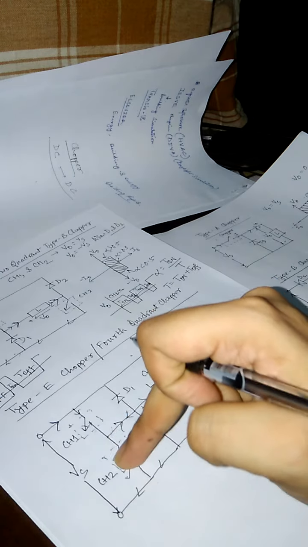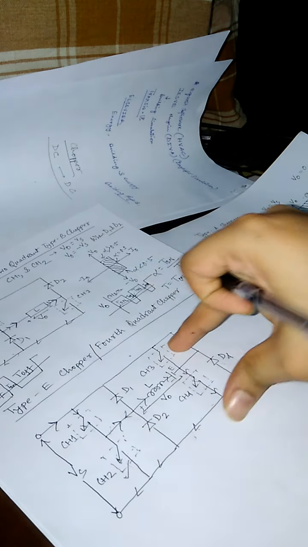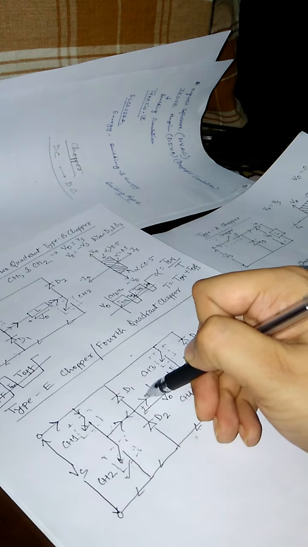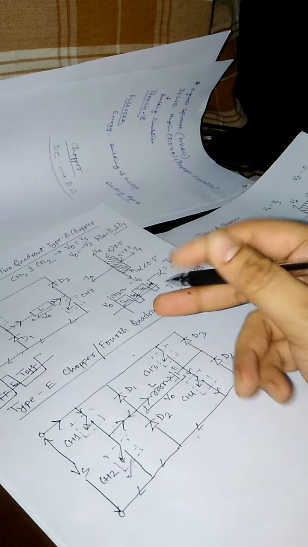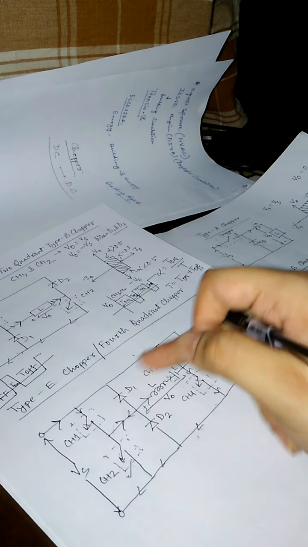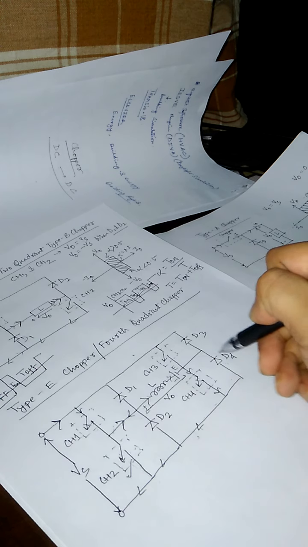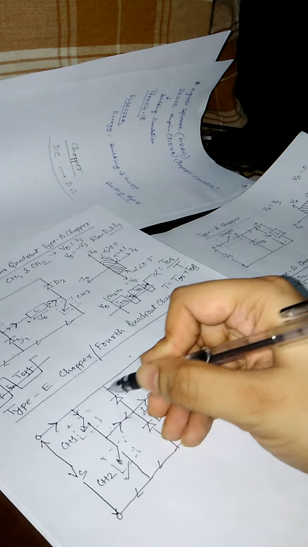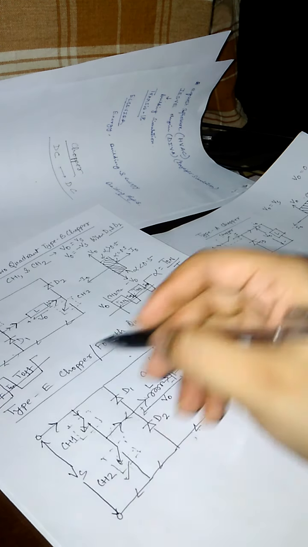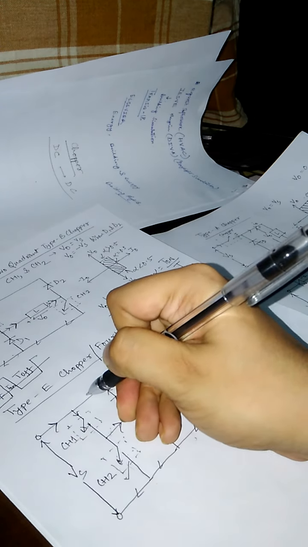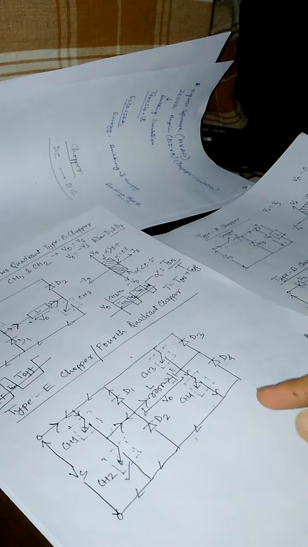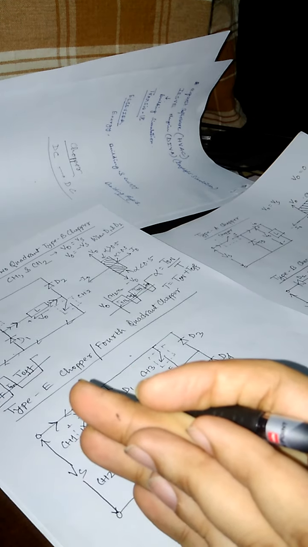The source voltage cannot feed the load. So what will happen? The energy of L is going to be dissipated. The current is going through D4, E, L, D1 and the source. So that means the direction of current is going to be reversed, from load side to source side.